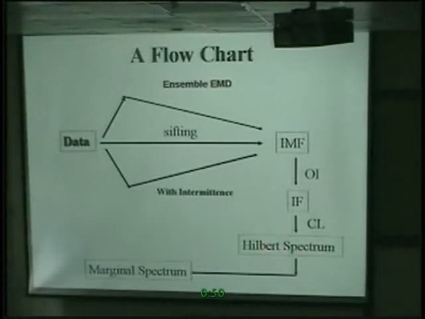And from the Hilbert spectrum, we get a marginal spectrum. This is the whole thing. Here now we are concerned with this part. We talk about the sifting. We talk about some intermittency test. And the next time we're going to talk about the ensemble EMD.